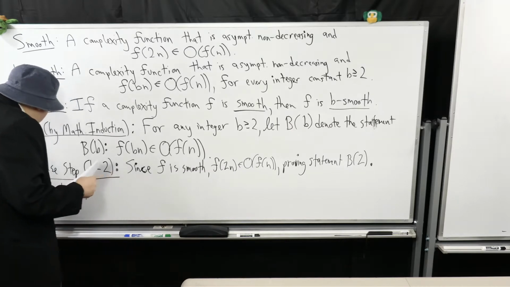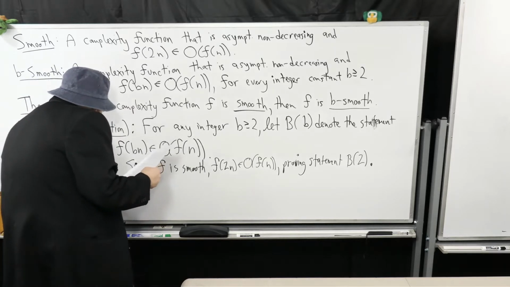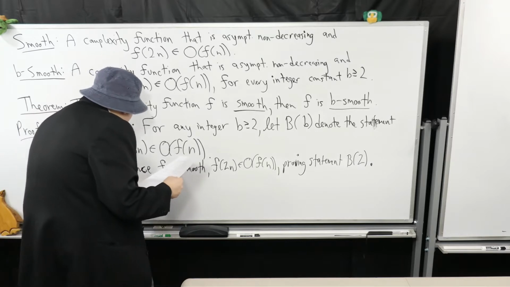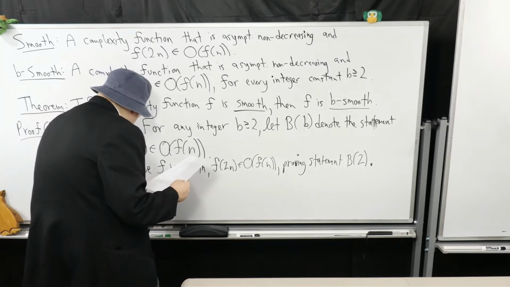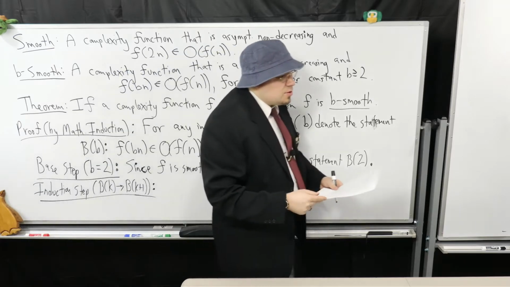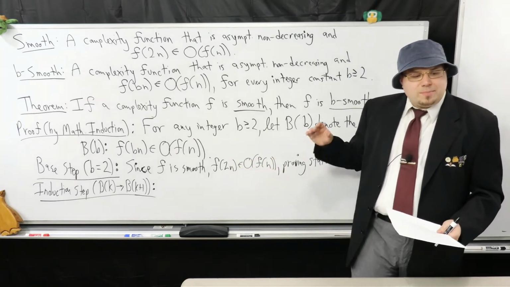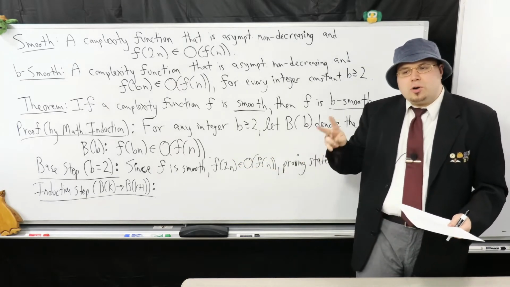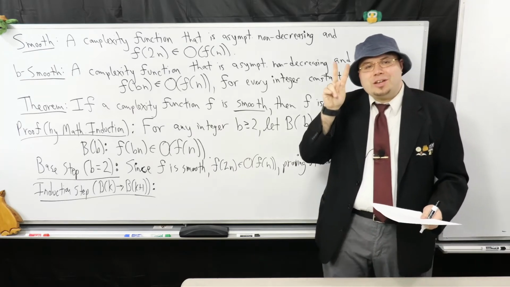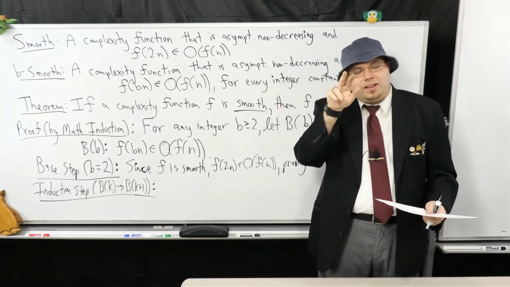If you're not familiar with induction, what I'm going to prove is that if B of k is true, then it must follow that B of k plus 1 is true. I want to show you how you can get from one input to the next highest one.